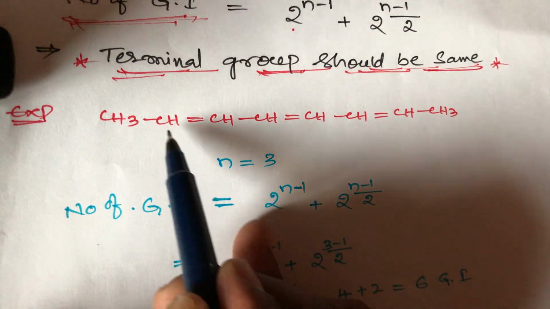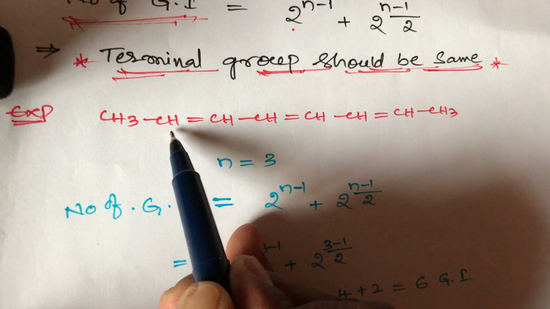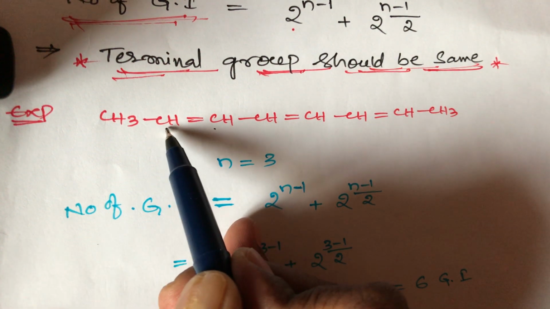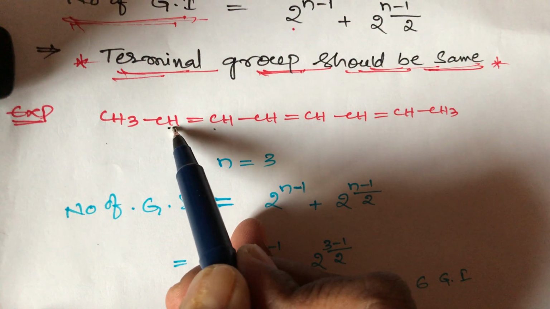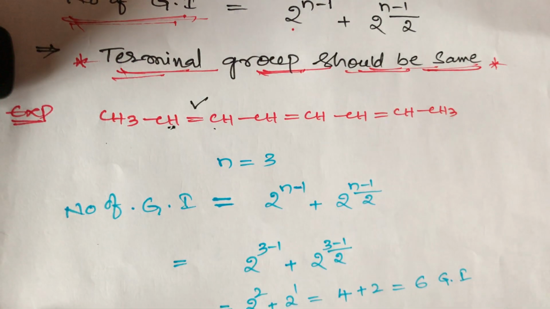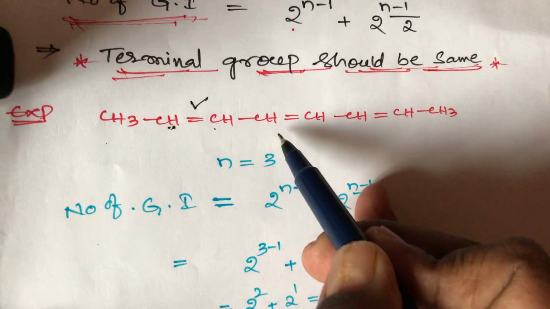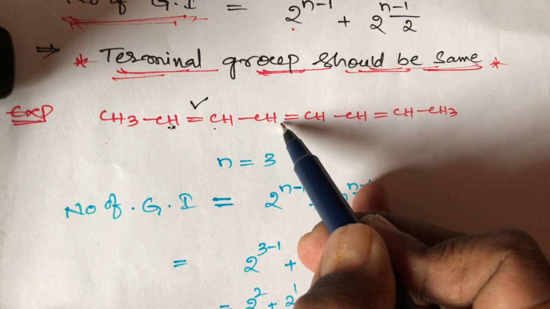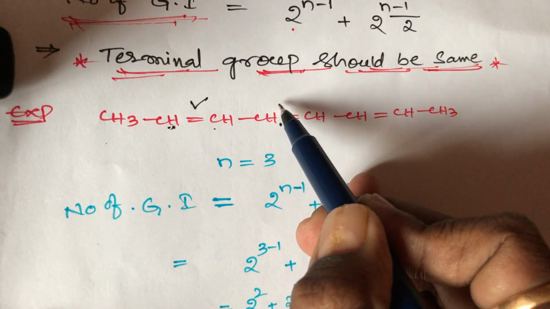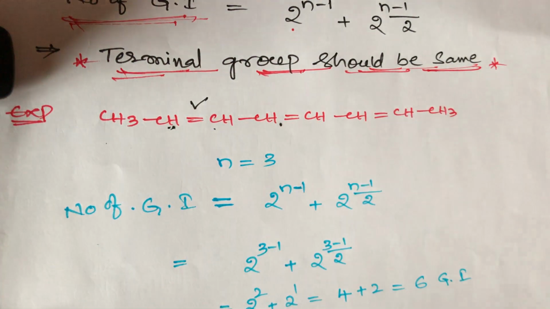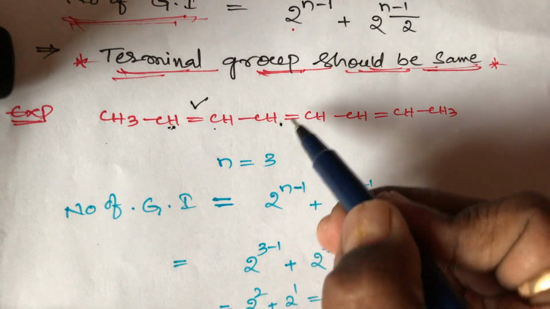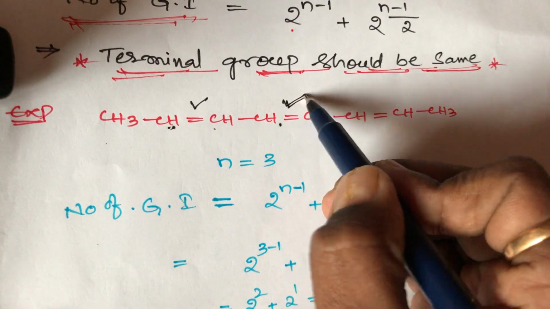In the first double bond, the double bonded carbon is connected with one methyl group and one H, so it will show geometrical isomerism. Next, the second double bonded carbon has one hydrogen and the rest of the chain, so this will also show geometrical isomerism.